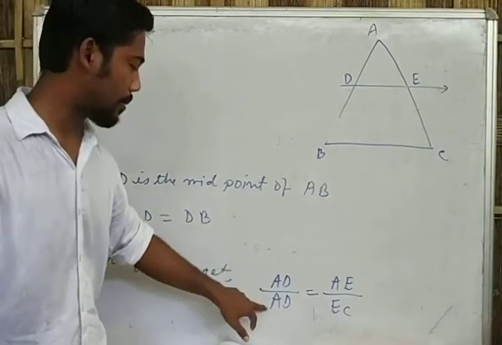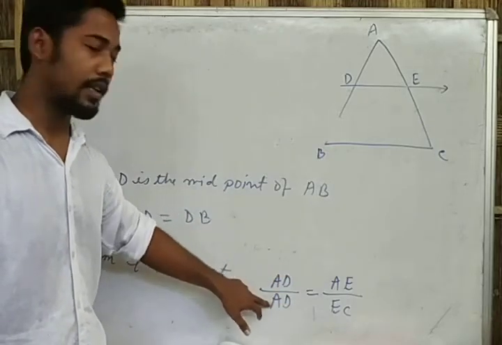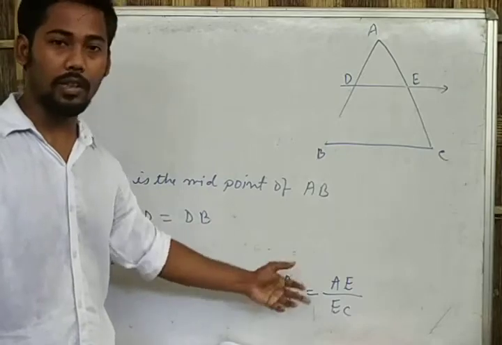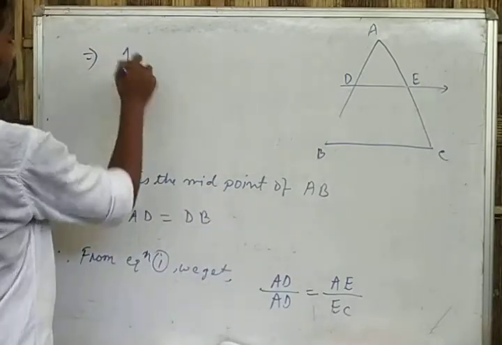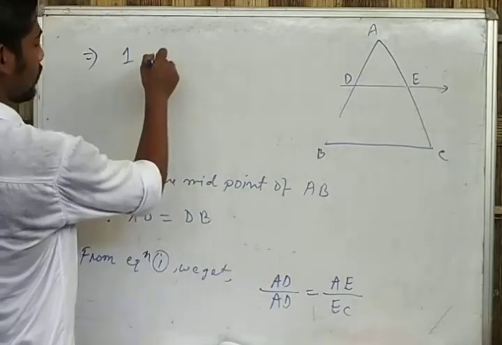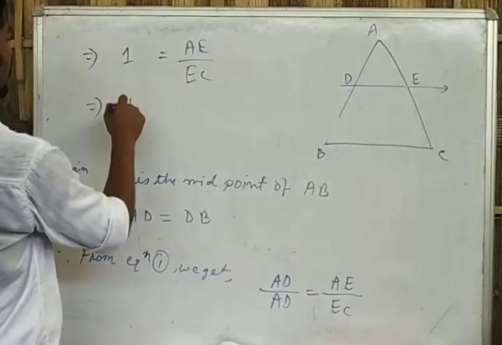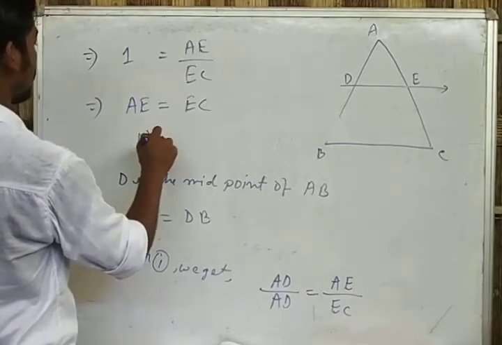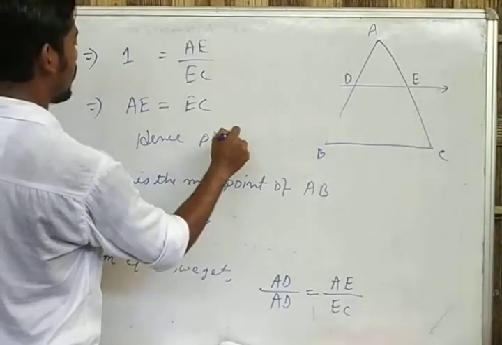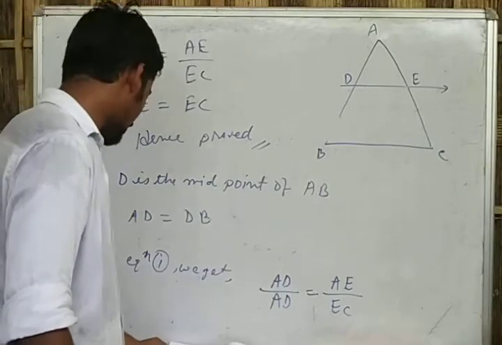So AD by AD is equal to AE by EC, which implies 1 equals AE by EC. By cross multiplication we get AE equal to EC. Hence proved. So question number 7 is complete.